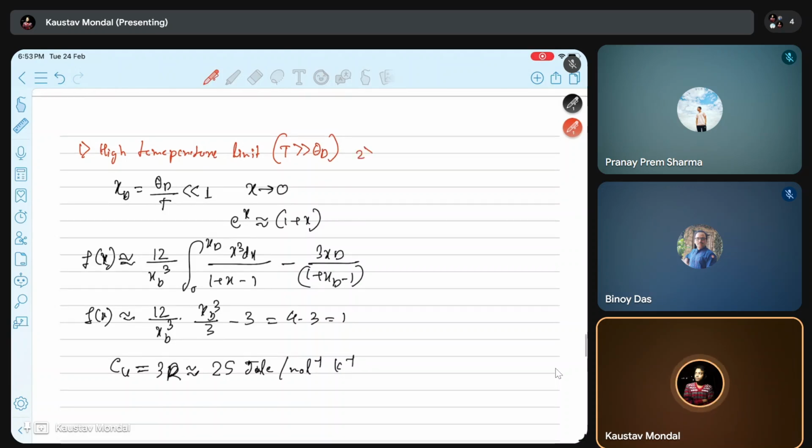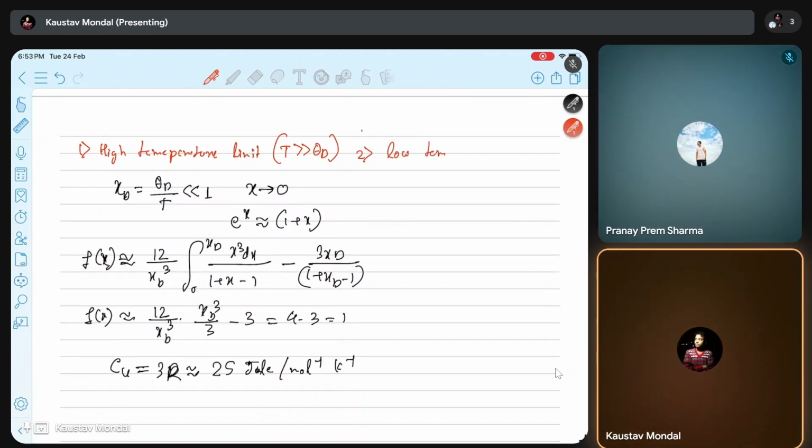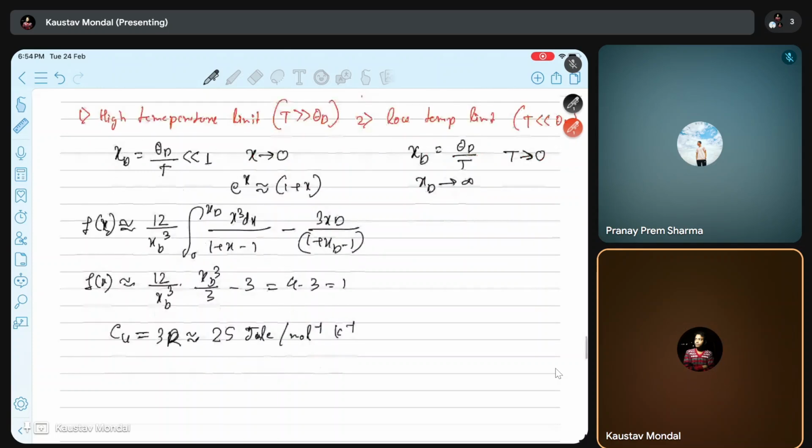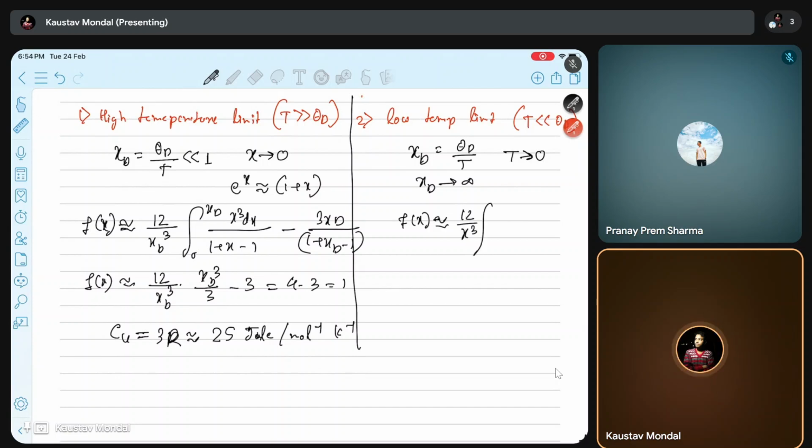Similarly, for the low temperature case, if you derive this expression, so for the low temperature limit, that means if T is much smaller than theta D, in that case what basically happens is that xD is basically theta D by T. So as T tends to 0, that is very small, xD basically tends to infinite. If you put this in the function f(x), the integration inside the function will take a limit from 0 to infinite, right?